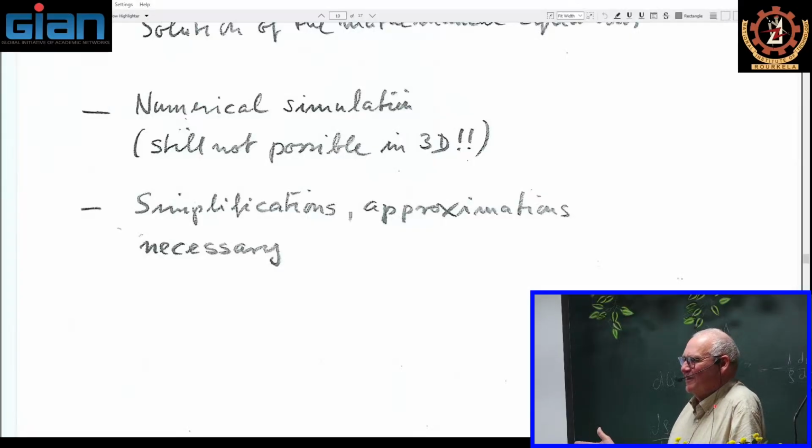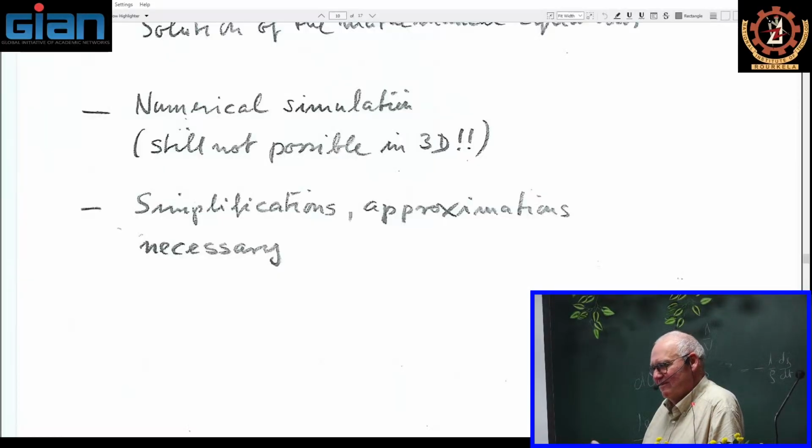Of course, we can compare it to the observations, to see whether it is close to reality or not, but we have not gained some deeper insight into the problem.